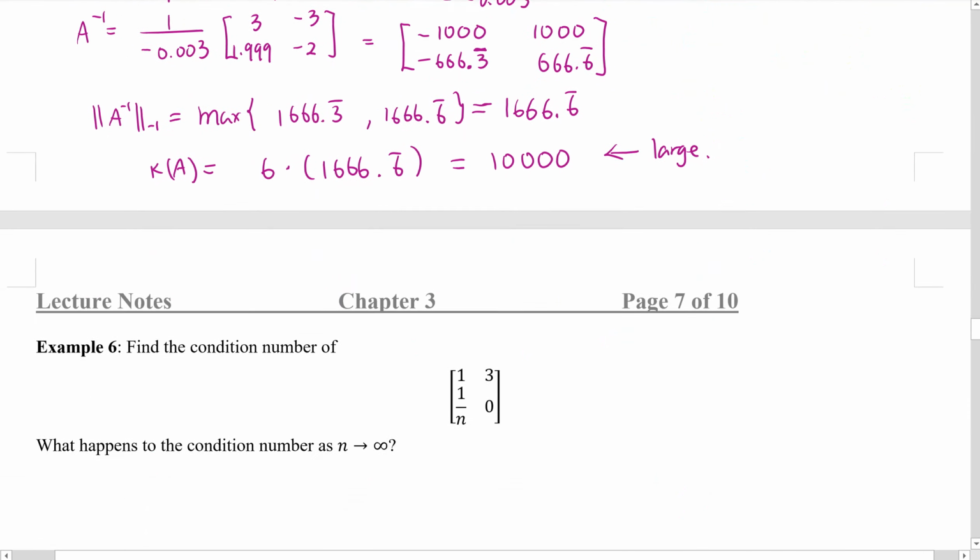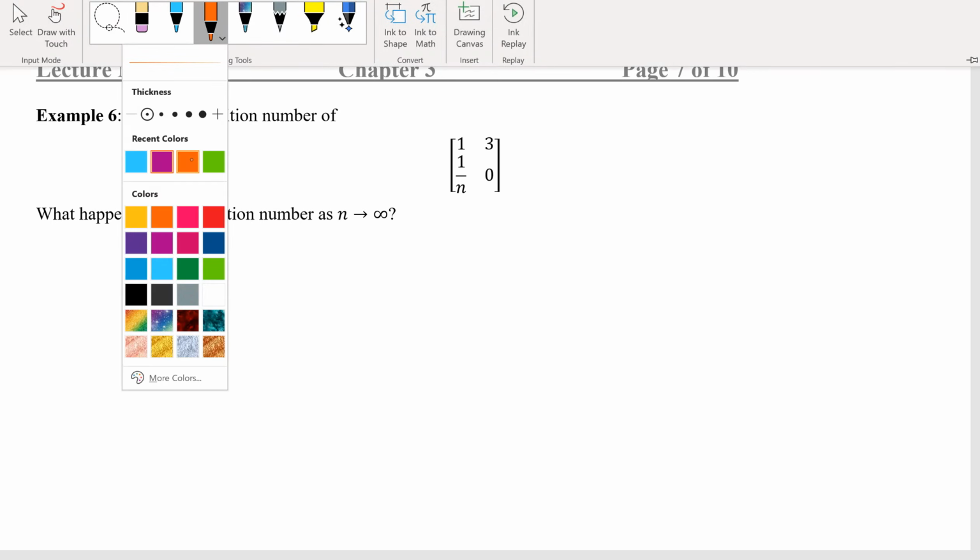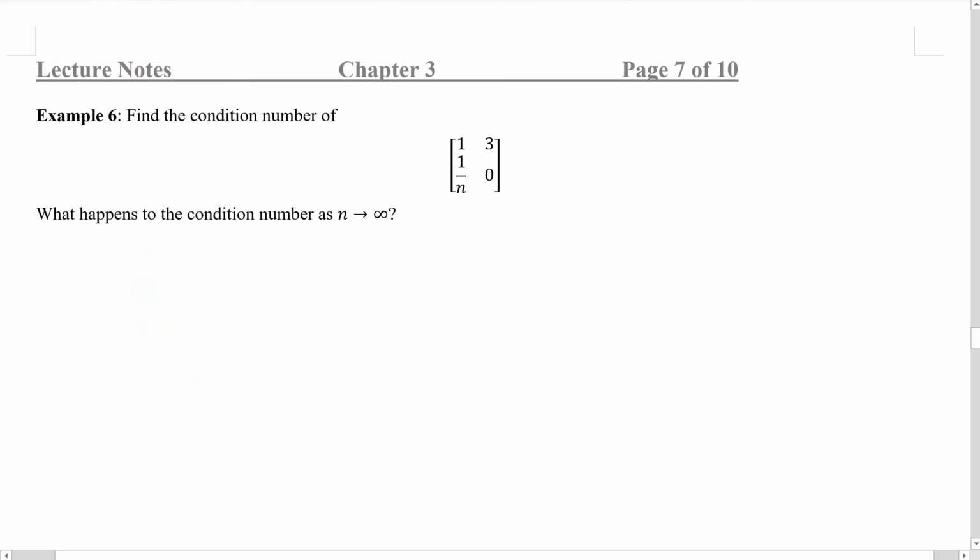Alright, let's continue. Example 6. Find the condition number of this matrix. What happens to the condition number as n goes to infinity? In this example, we have a parameter n here. First of all, let's use the L1 norm to define the condition number.